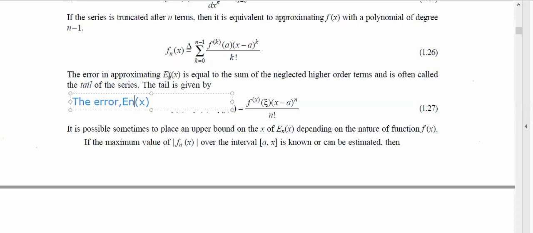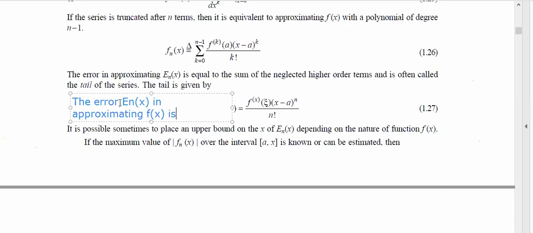It is written E_n(x) in approximating f(x) is equal to, now this, do you get me?